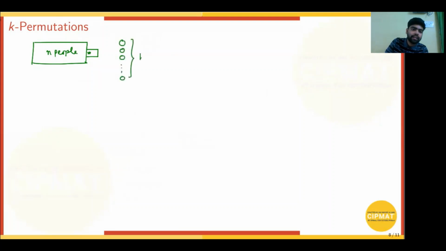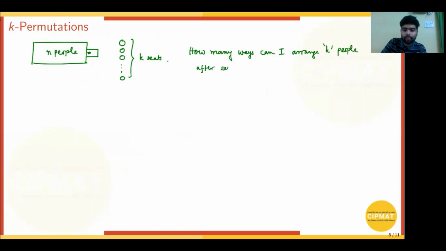Now how many ways can I arrange k people after selecting k people from the n people?